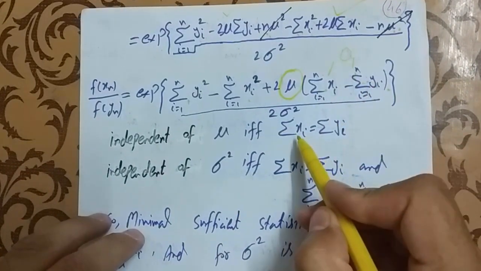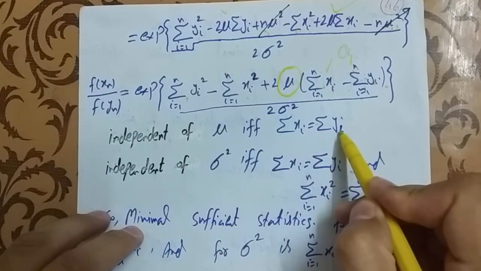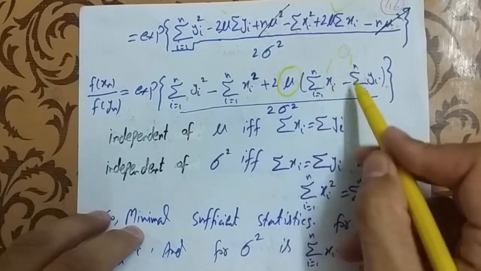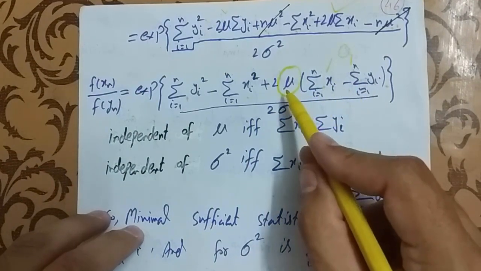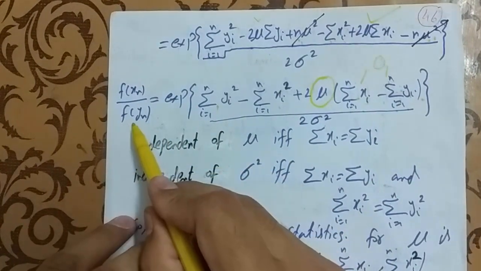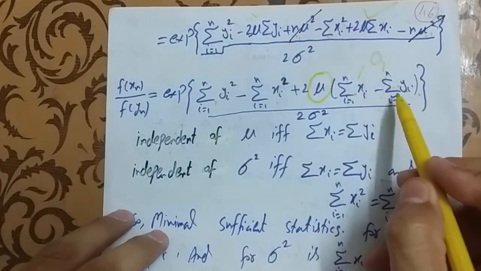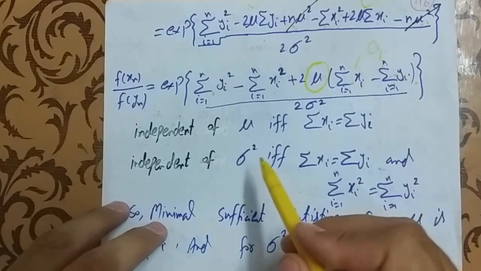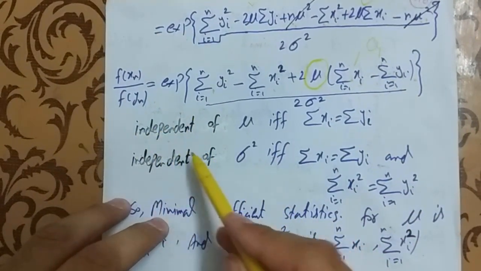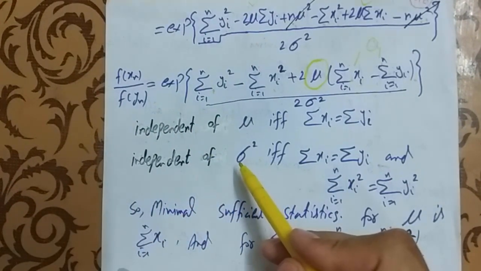First we take the summation of xi equal to the summation of yi. When these are equal, this factor is equal to 0 and mu also drops out. Then we say this factor is independent of mu if and only if these two are equal. And secondly, we check this factor with respect to sigma squared, that is, its standard deviation.